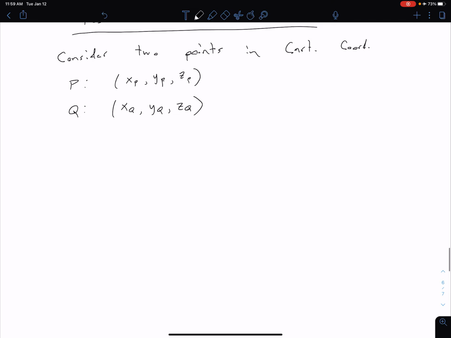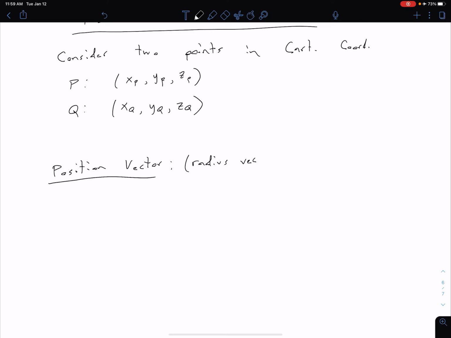So let's first define our position vector. Our position vector is what's going to allow us to define where our point P is in space or our point Q is in space. You'll also sometimes hear this called a radius vector. What this is basically is the directed distance from the origin to our point of interest.